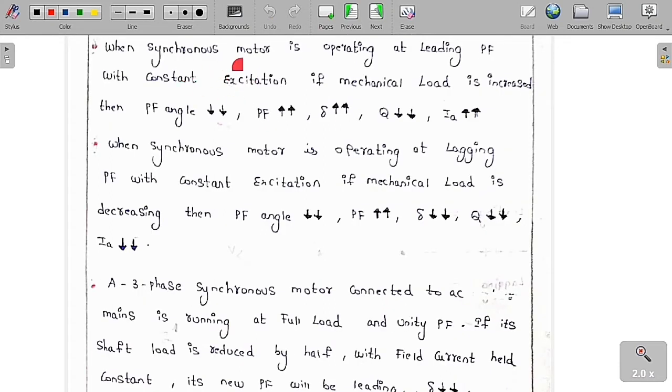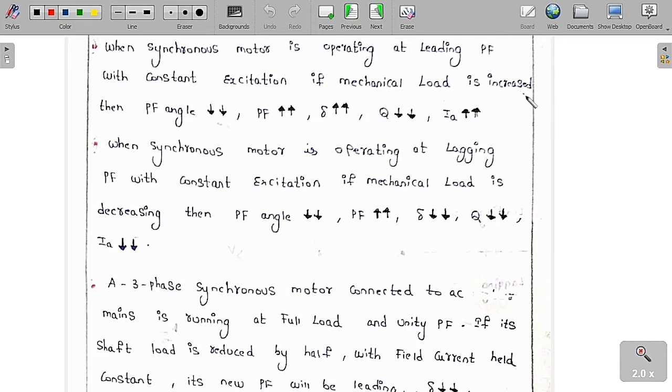So now let me give you some important points regarding this concept. Suppose a synchronous motor is operating at the leading power factor, meaning IA is going to lead V, with constant excitation. If the mechanical load is increased, then I already told you, the mechanical output power also increases, and we can say P is equal to V IA cos theta. Definitely the current IA will now increase.